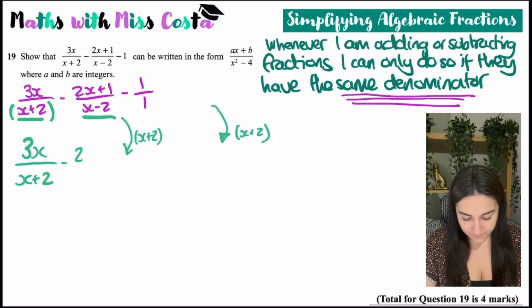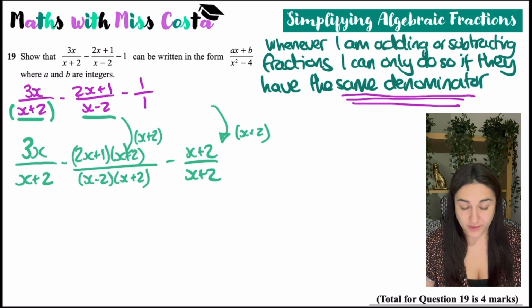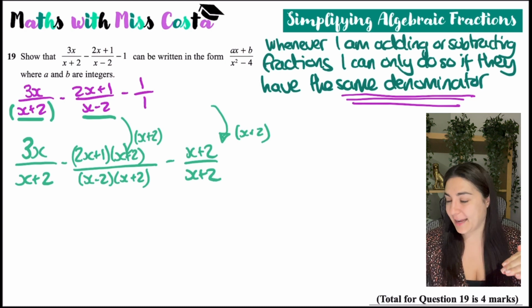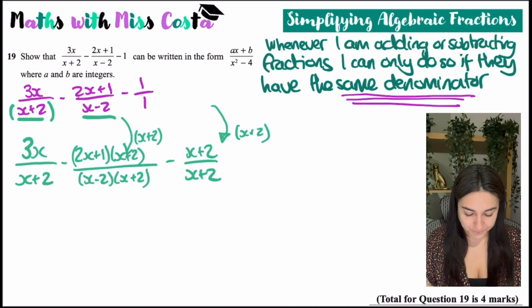So that would become 2x plus 1, x plus 2, over x minus 2, x plus 2. And this would become just one lot of x plus 2 over x plus 2. Because obviously anything divided by itself is itself, so that's still 1, it's just written in a different expression.